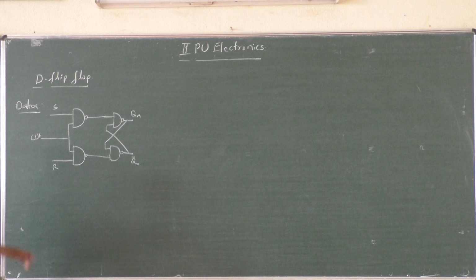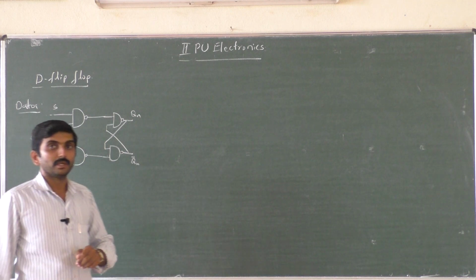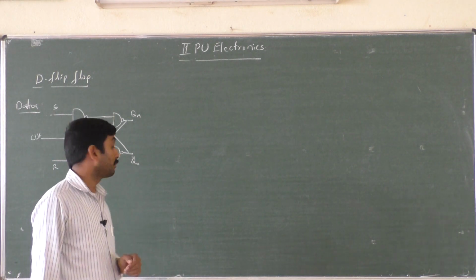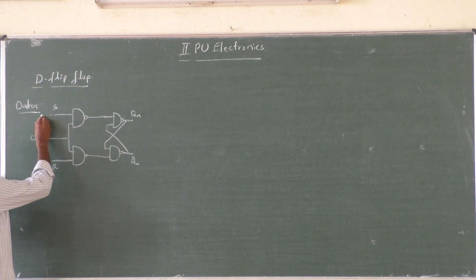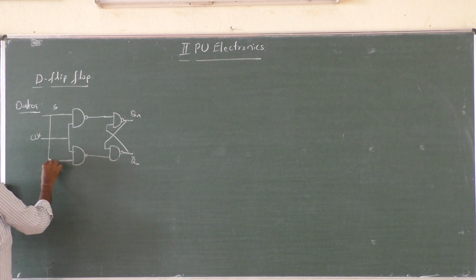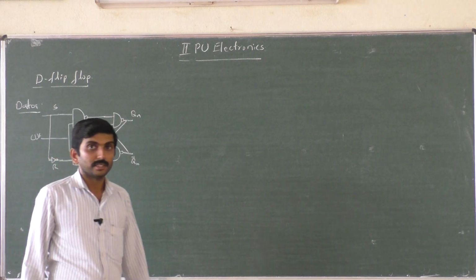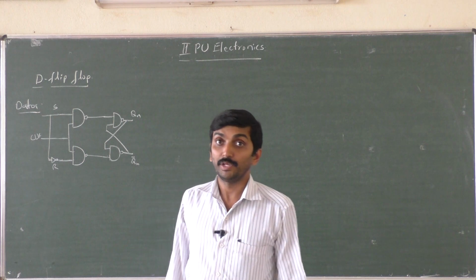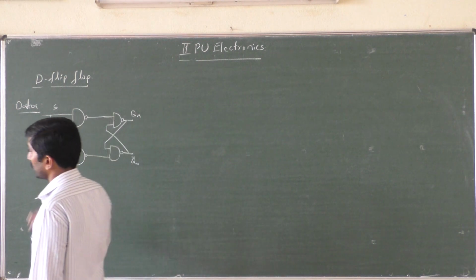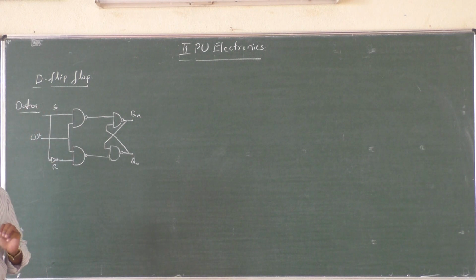If S equal to 0, then R should be equal to 1. How could R be made 1? If I connect an inverter in between S and R, while applying the logic level at S, the same signal is applied at R, which is now inverted. The signal is simultaneously applied, but it is the inverted input of S. So R is nothing but S bar.